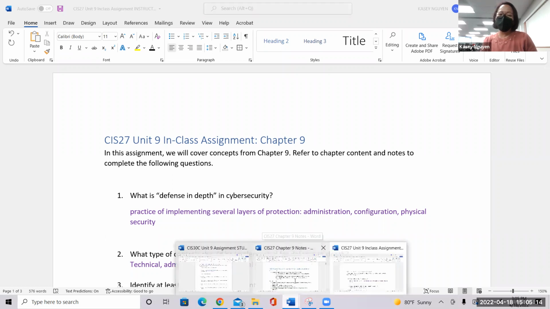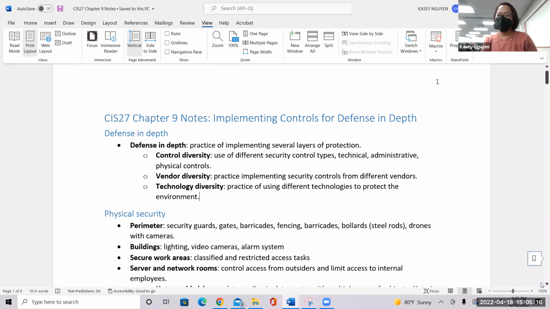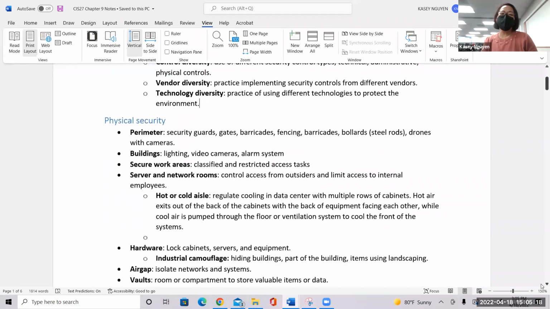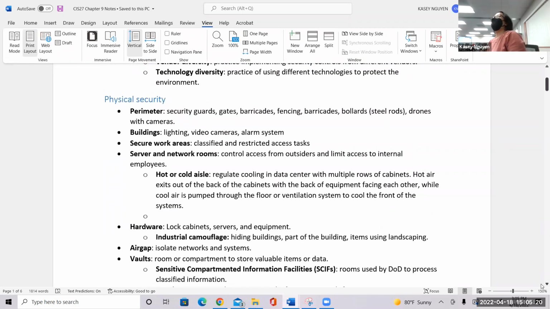So coming back to your notes, it goes into the physical security. And we would think about how we would protect the actual physical existence of the company by implementing security guards, right? A lot of that is deterrence, right? Gates, security guards, barricades, fencing. Those things really act as deterrents, but it never really omits the risk 100%.